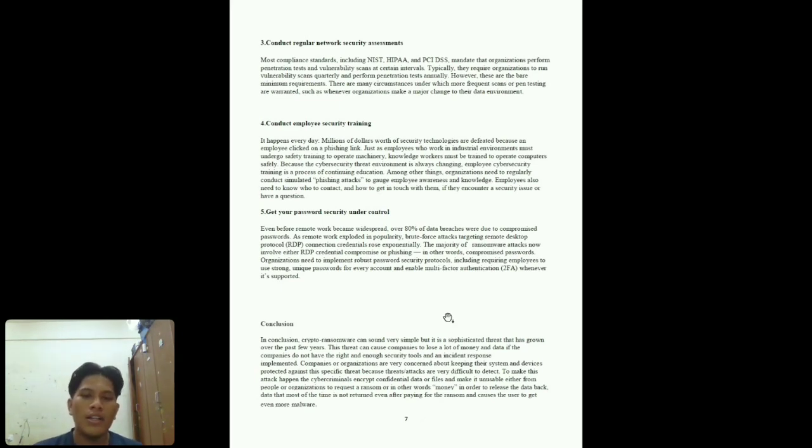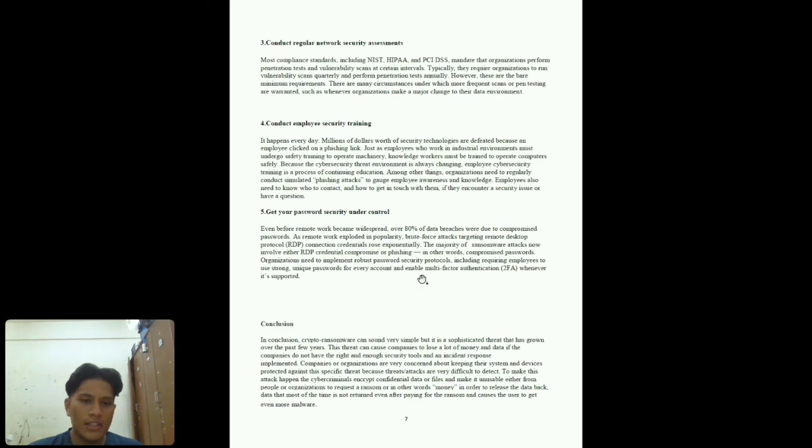Among other things, organizations need to regularly conduct simulated phishing attacks to gauge employee awareness and knowledge. Employees also need to know who to contact and how to get in touch with them if they encounter a security issue or have a question.